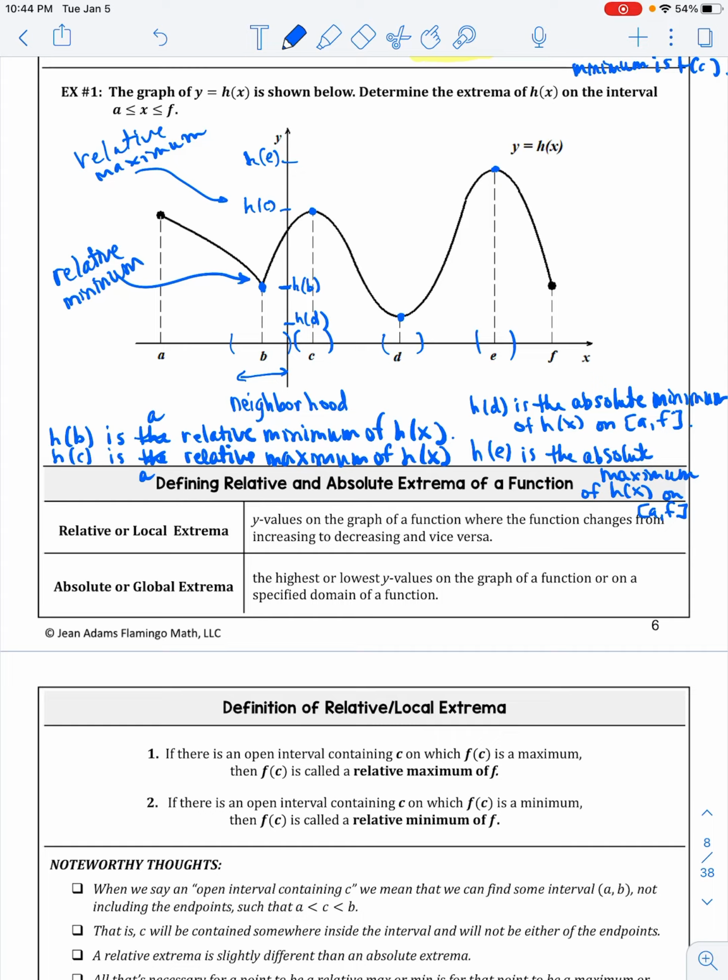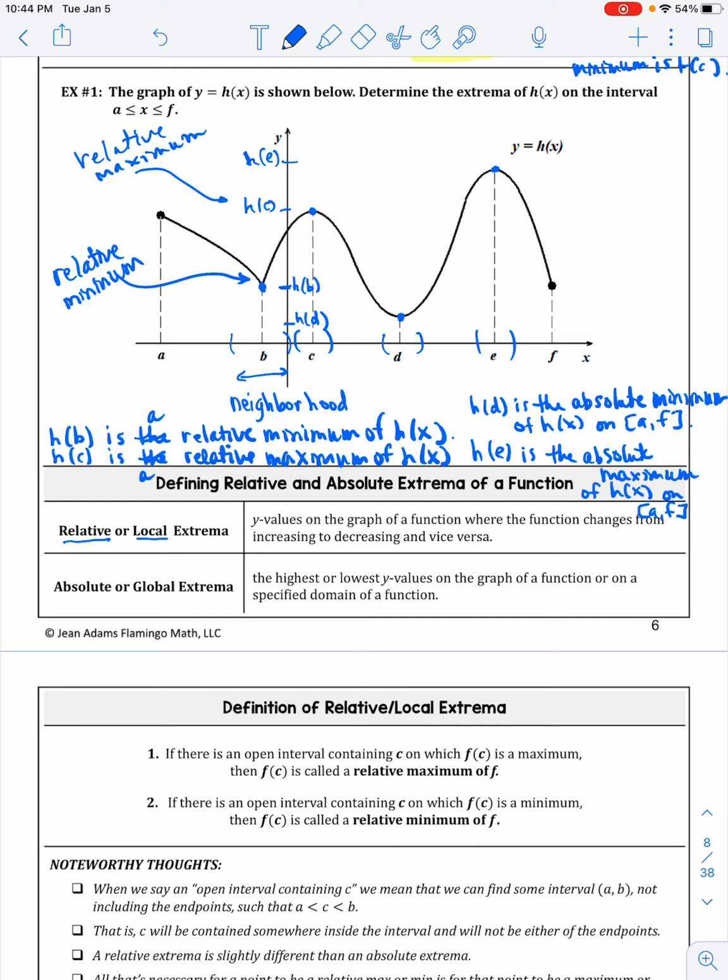Here we're decreasing, reaching the lowest point, going to increasing then. Now, relative or local is the one where I said it's in the neighborhood. But the absolute values can also be considered relative, but not all relative are absolute. It's almost like the square and the rectangle, where a square is a rectangle, but not all rectangles are squares.